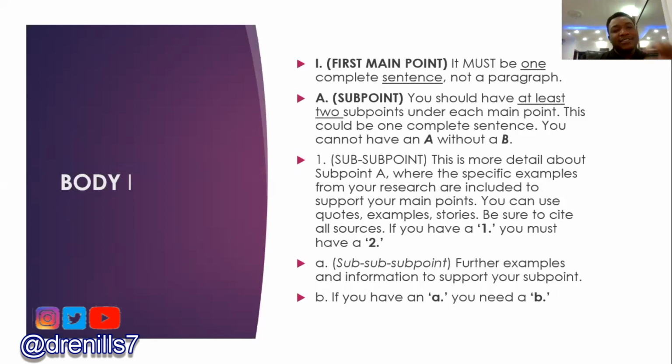The body, you have what you call the main point, the sub point, the sub point, and the sub point. Okay, so the first main point. Remember the designs I shared with you earlier: the categorical design, chronological design, causal design, and the spatial design.